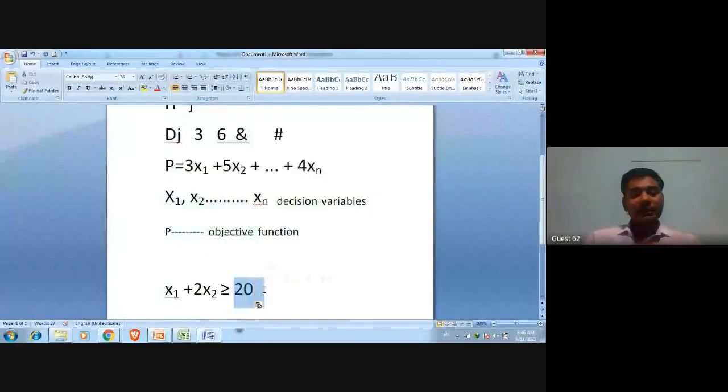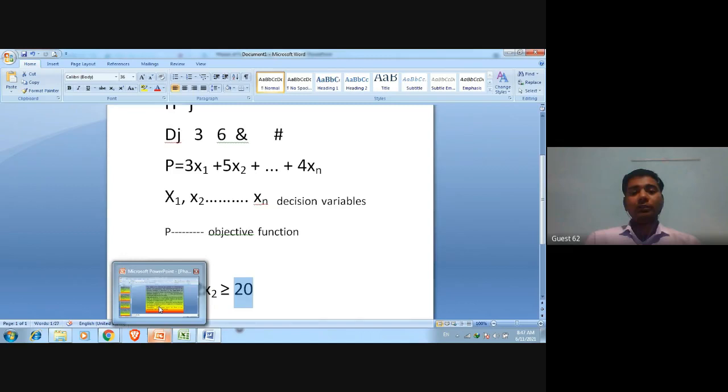This 20 is your constant, the right-hand constant, and the inequality symbol is the restriction.